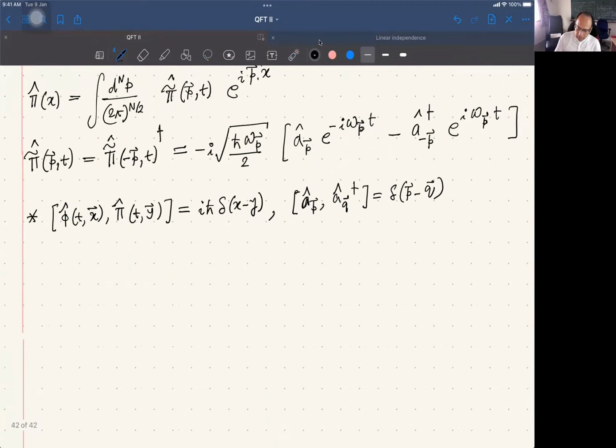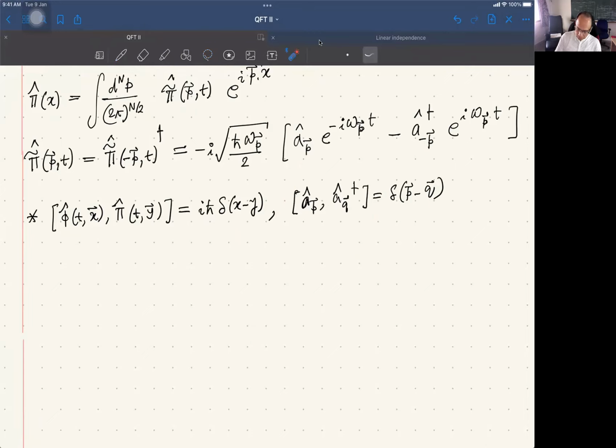So if one writes both to be p here, not p and minus p as I have written, then the corresponding commutation relations will be delta(p plus q). It is because if you want to keep this p and q to be the same in order to have the non-trivial commutation relation, you have to have p and minus p.